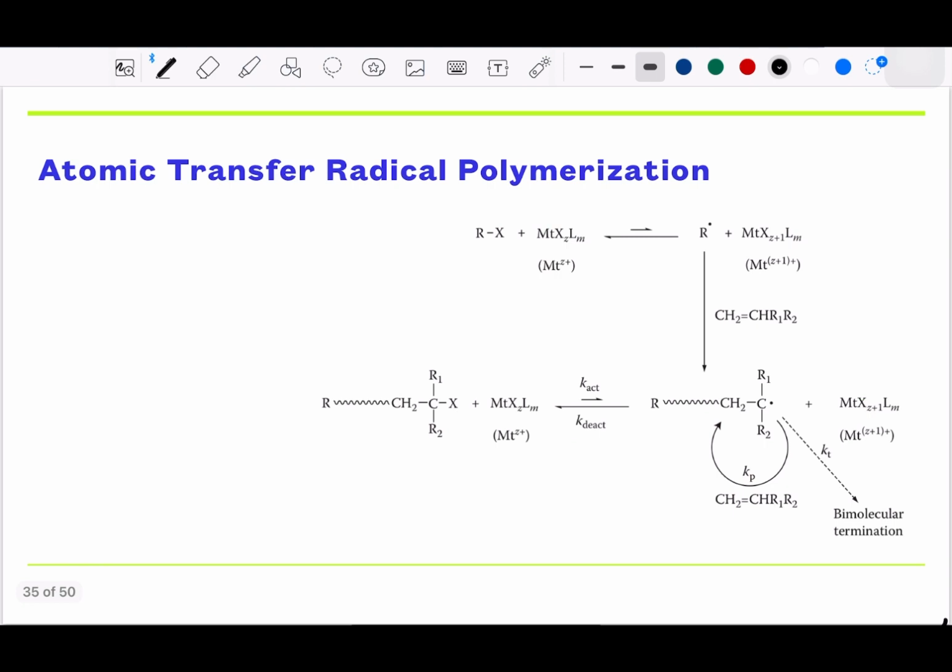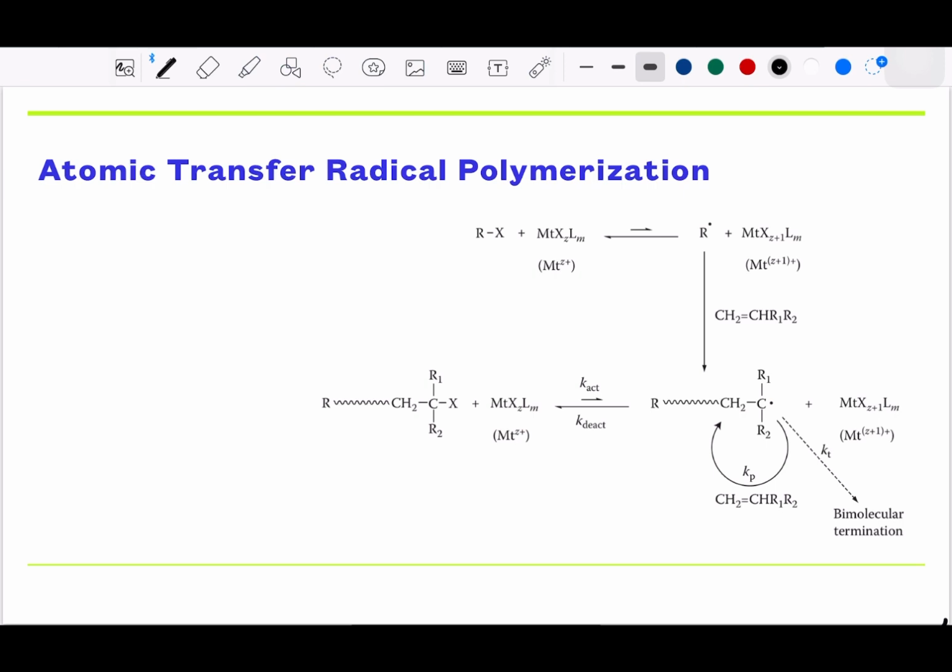This is some of the example. If we look at the idea, this is a transition metal catalyzed radical polymerization.